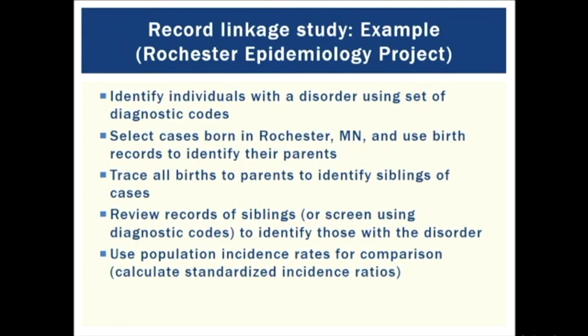And then you would select the cases that were born in the area and then use the birth records of those cases to identify their parents, and then go to the parents' records to identify all of their births, so that you would then have the siblings of the patients, and then review the medical records of the siblings to establish whether you had affected siblings.